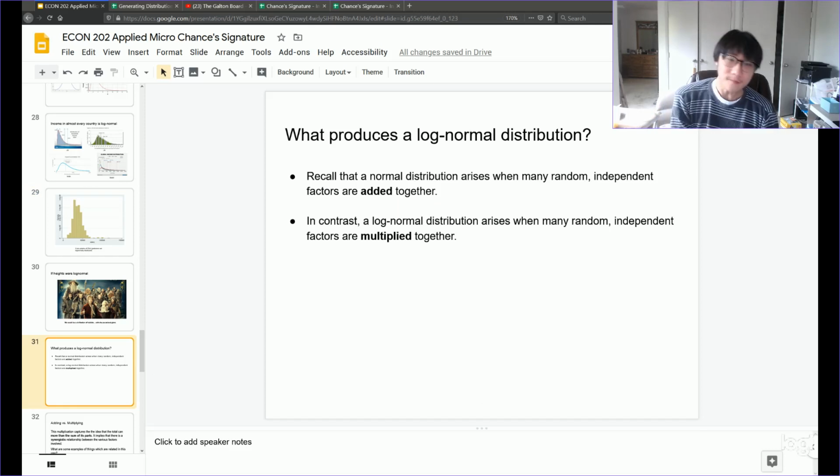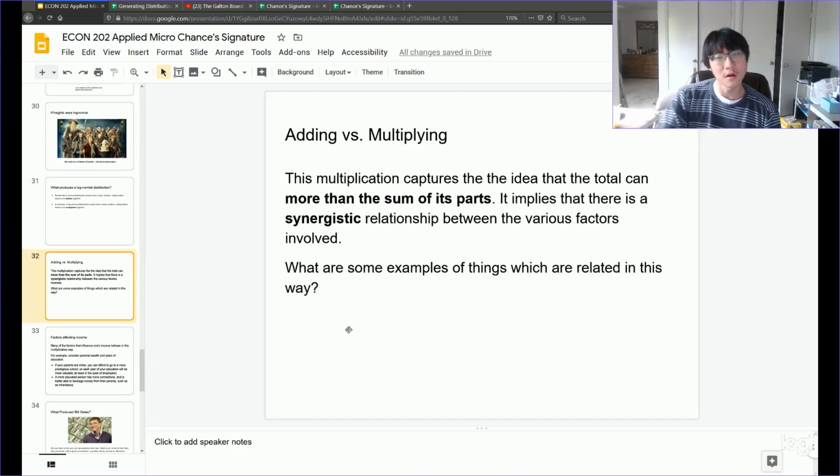So you might be wondering, if a normal distribution arises from the sum of many independent factors, how does a log normal distribution arise? The answer is a log normal distribution arises when many independent factors are multiplied together. So what's the difference?